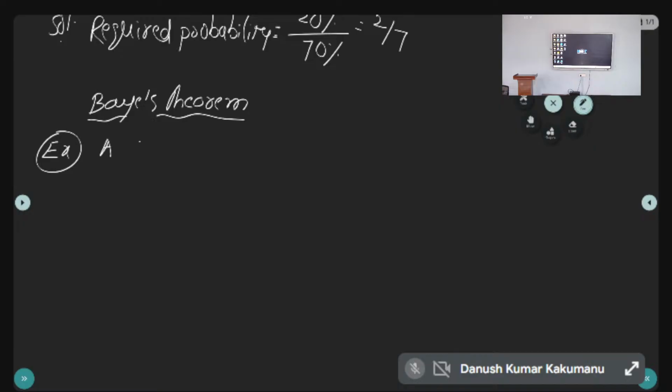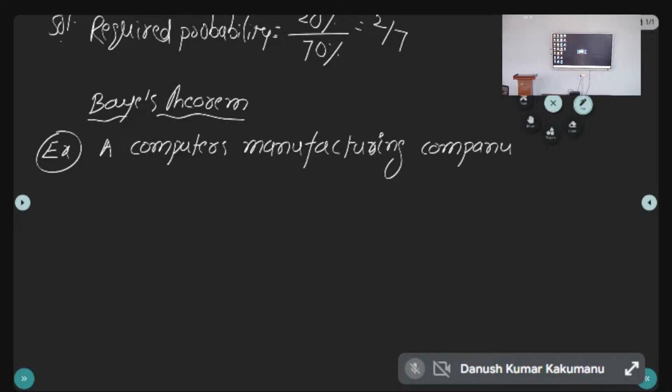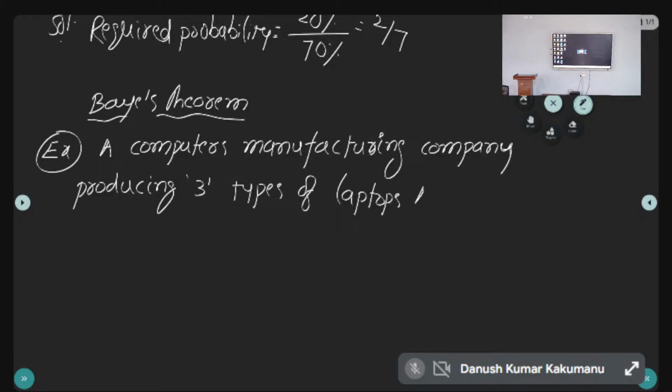Suppose a computer manufacturing company is producing three types of laptops, A, B, C, means with different configurations you can assume like that.